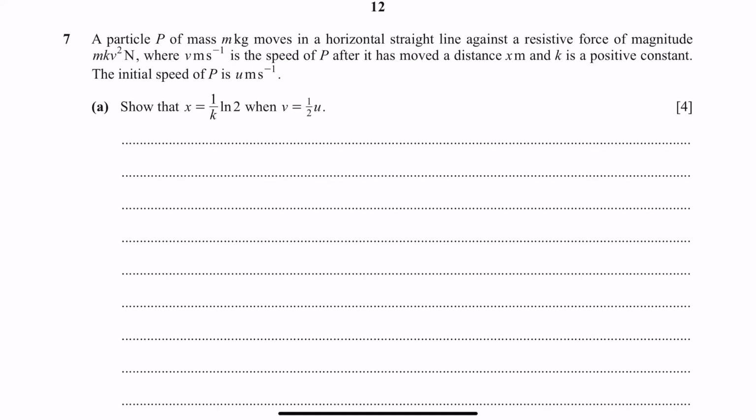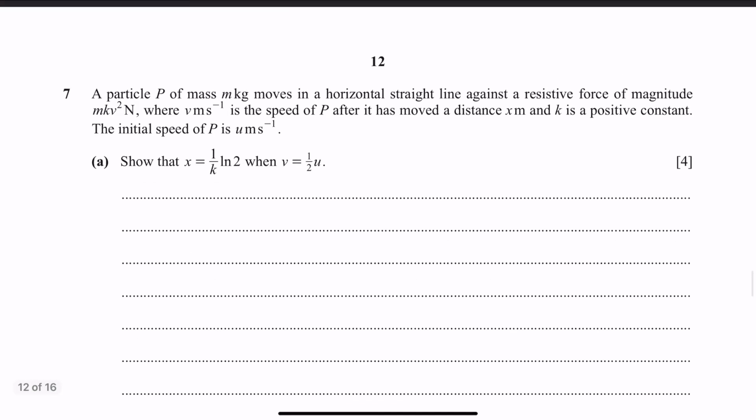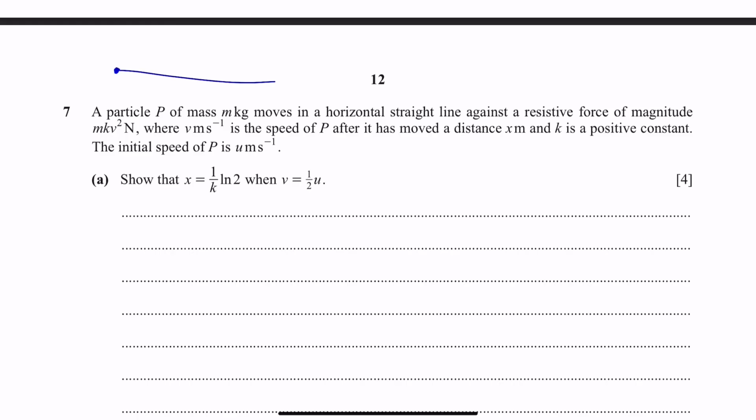So we first need to build our own equation. Let's say a particle is moving towards the right. It has a resistive force in this direction, that is mkv squared. So we use the resultant force equals ma formula. So the resultant force is just negative mkv squared.